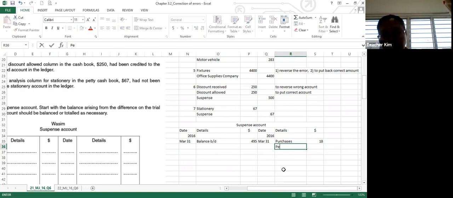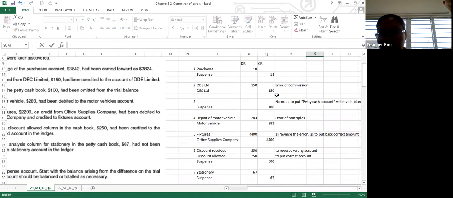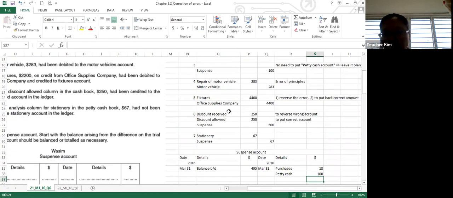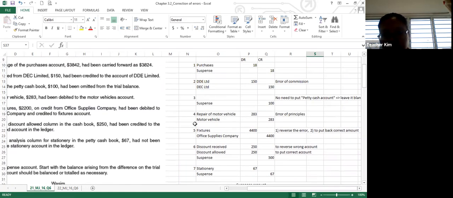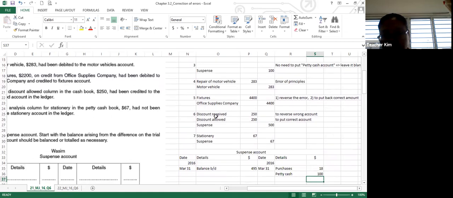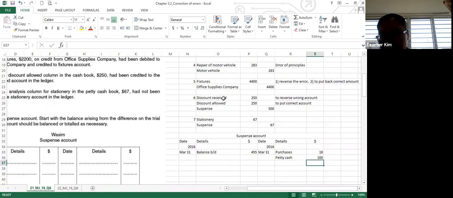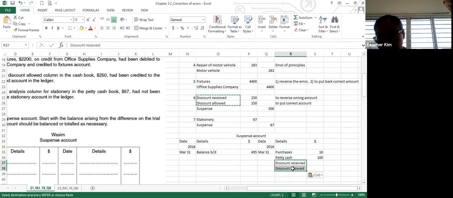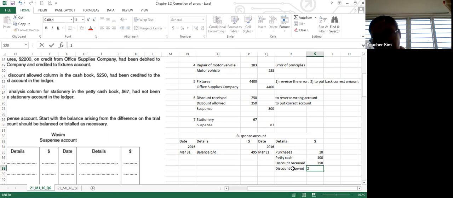So this is petty cash. And then we have these two, 6 and 7. So these two amounts. So here, 250, 250. Okay.